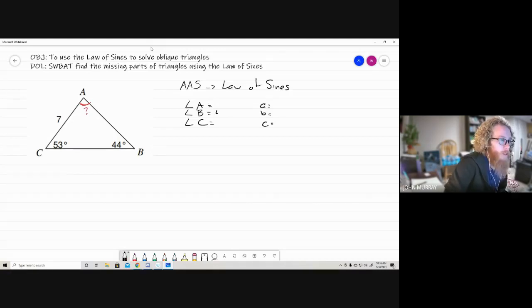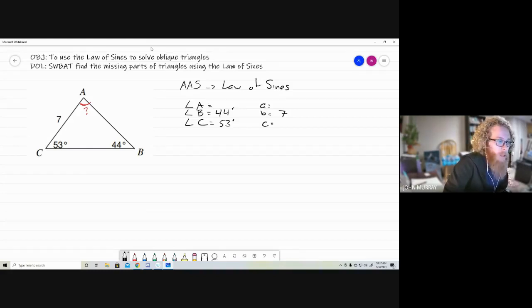Angle B is 44 degrees. Angle C is 53 degrees. And the only side I know is side B, which is 7, whatever, inches, feet, whatever we're talking. So with this setup, we're looking for one angle and two sides.